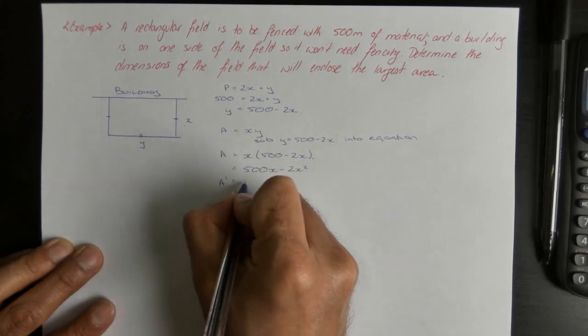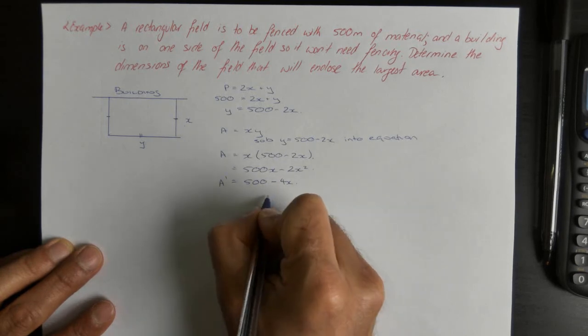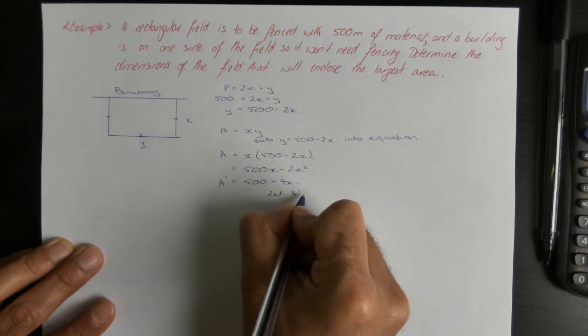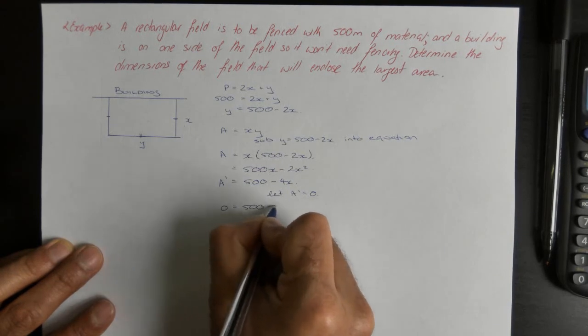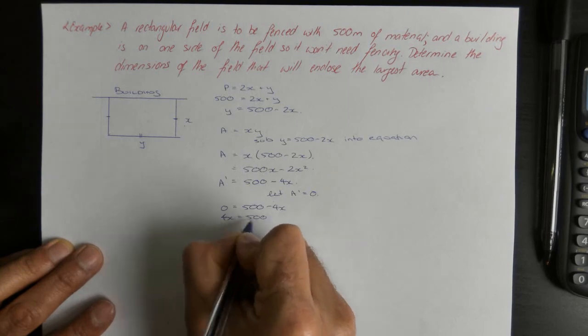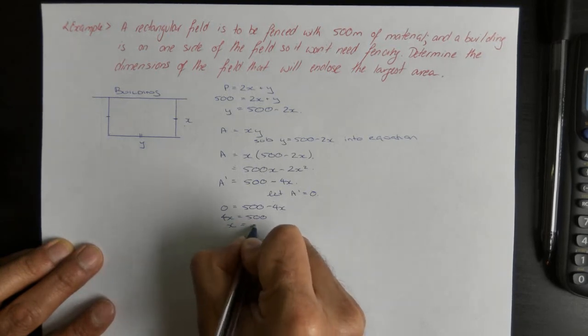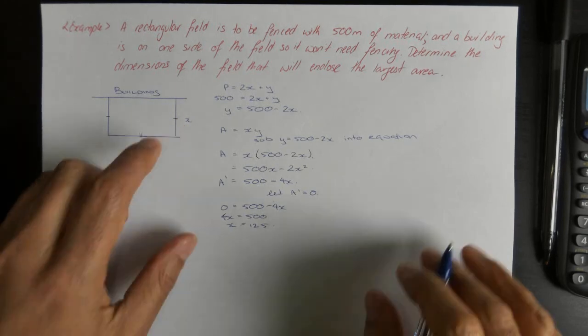If I differentiate that, I get 500 minus 4x. If I let that equal to 0, I get x being 125.